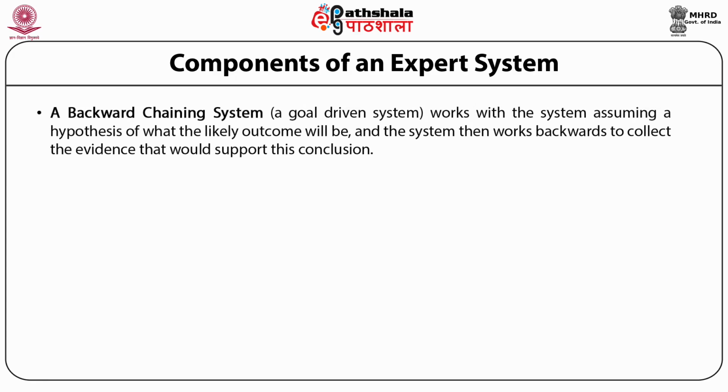A backward chaining system works with the system assuming a hypothesis of what the likely outcome will be, and the system then works backward to collect evidence that would support the conclusion. Expert systems used for planning often use backward chaining.